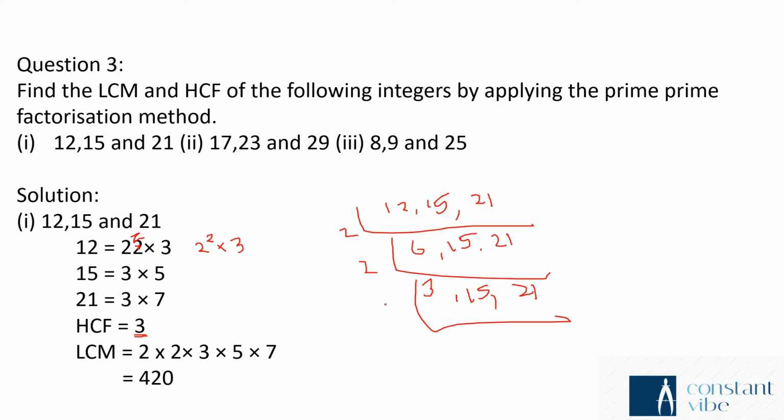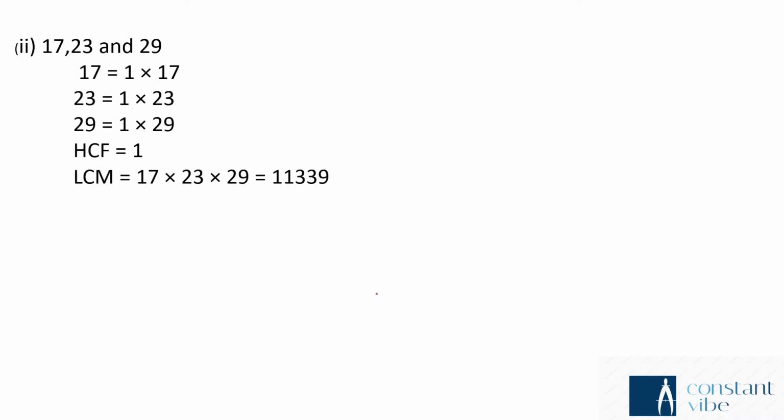Next we divide by 3, here 1, 5 and 7. 7 into 3 is 21, so 7 into 5 into 3 into 2 into 2, that is 2 into 2 into 3 into 5 into 7, that is 420. So let's go to the next, the product of this. Similarly this one, HCF and LCM.